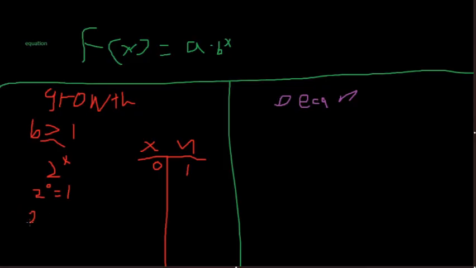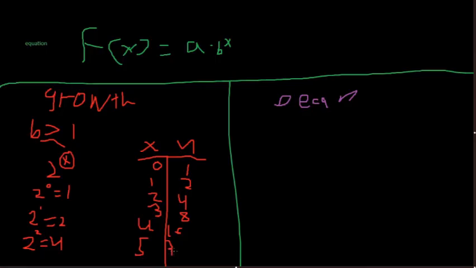Then 2 to the 1 is 2, so 1, 2, because the x is the exponent. 2 squared is 4, so 2, 4. Since the base is 2, you multiply by 2 every time. So it continues with 3, 8, then 4, 16, then 5, 32.